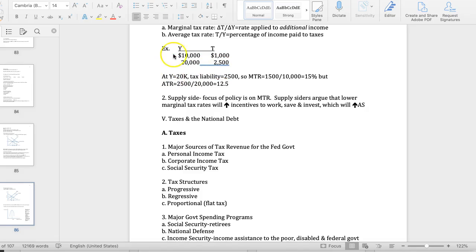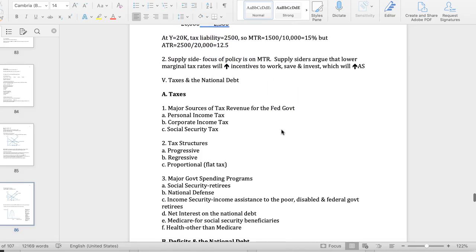So at Y, which is income, equals 20,000, your tax liability is 2,500. So your marginal tax rate is the change. Remember that delta means change in the tax, which is 1,500, divided by the change in the income, which is $10,000, so your marginal tax rate is 15%, but your average tax rate is the total tax that you paid divided by your total income, which is 12.5%.